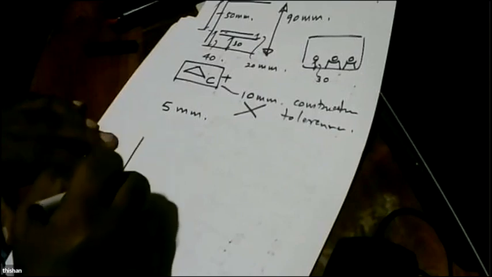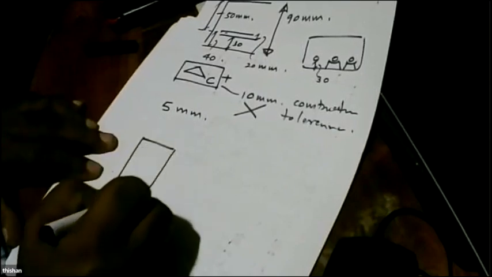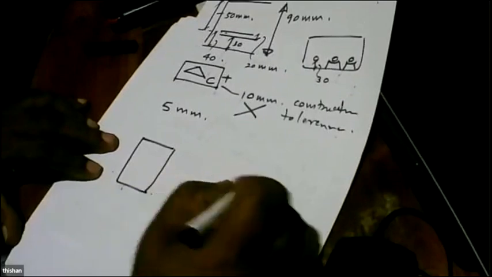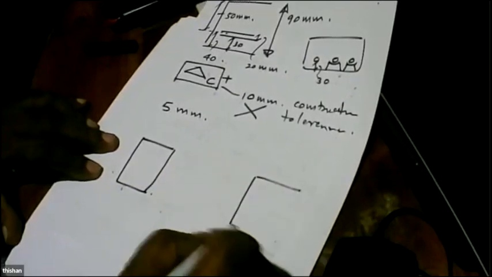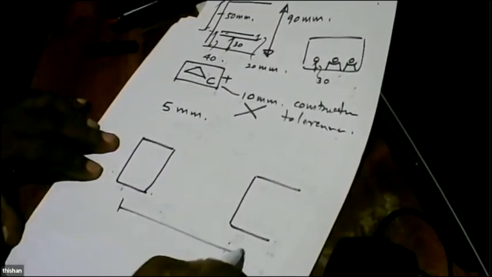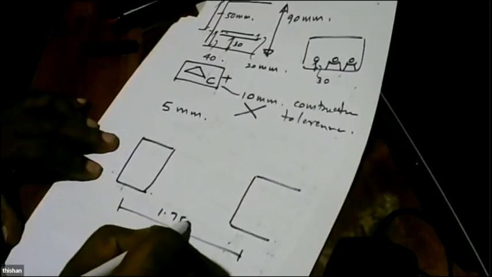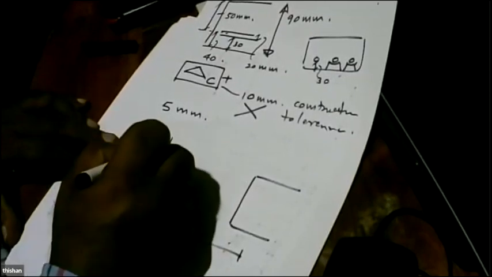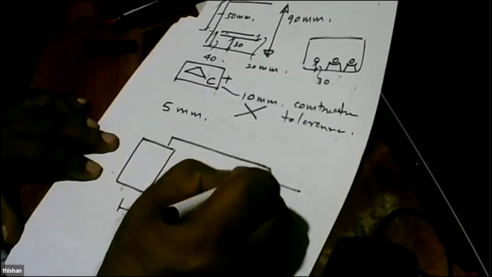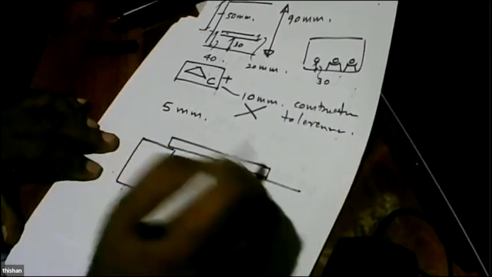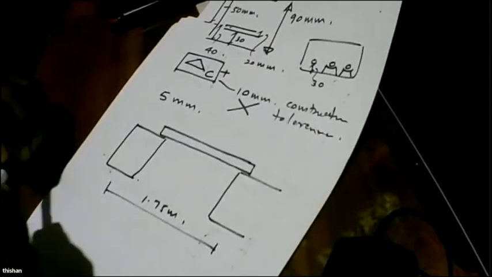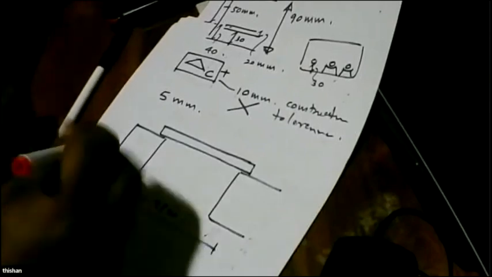Once you do that, we are going to get these beams at 1.75 meters spacing. And then the next question is, what is the bearing you are going to have? That means how much you need here.